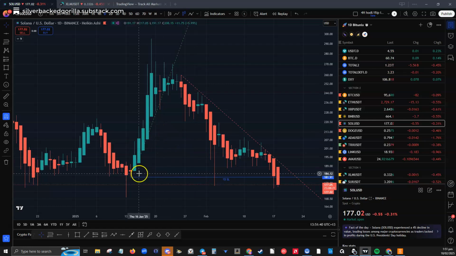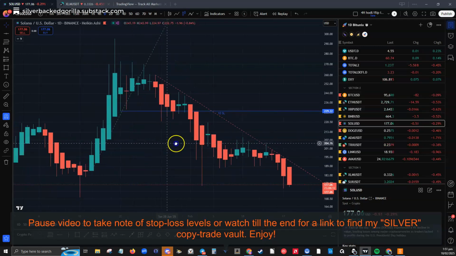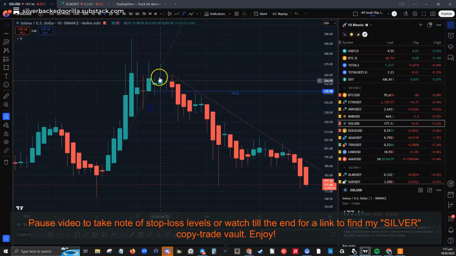So you don't have to worry about pulling them close until you get this opposing wick, and then after seeing that, very quickly, upon the close of that candle, I would move it up, and then just let it play out. And then I would have that long candle, and I would move it up to there, and then I would let this candle knock me out.